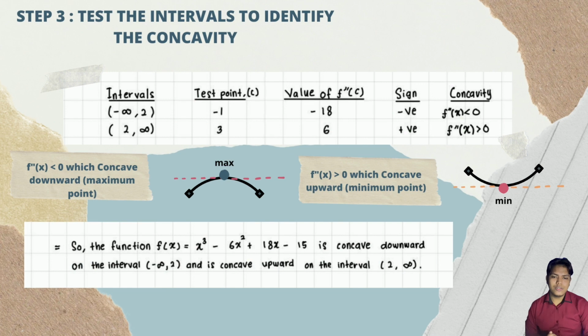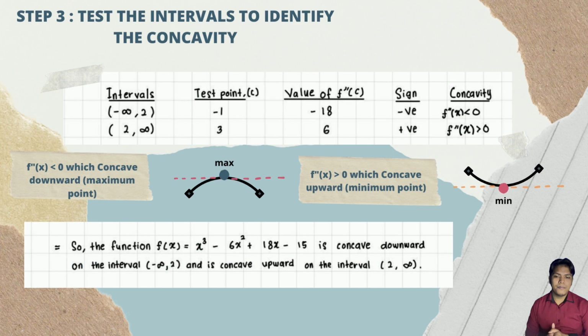So for the second interval, which is 2 to infinity, we assume to use 3 as a test point. Then we substitute into the second derivative of function f. So the value that we will get is 6. And obviously, it is positive. Then the concavity that we can conclude in here, the second derivative function of x is more than 0.